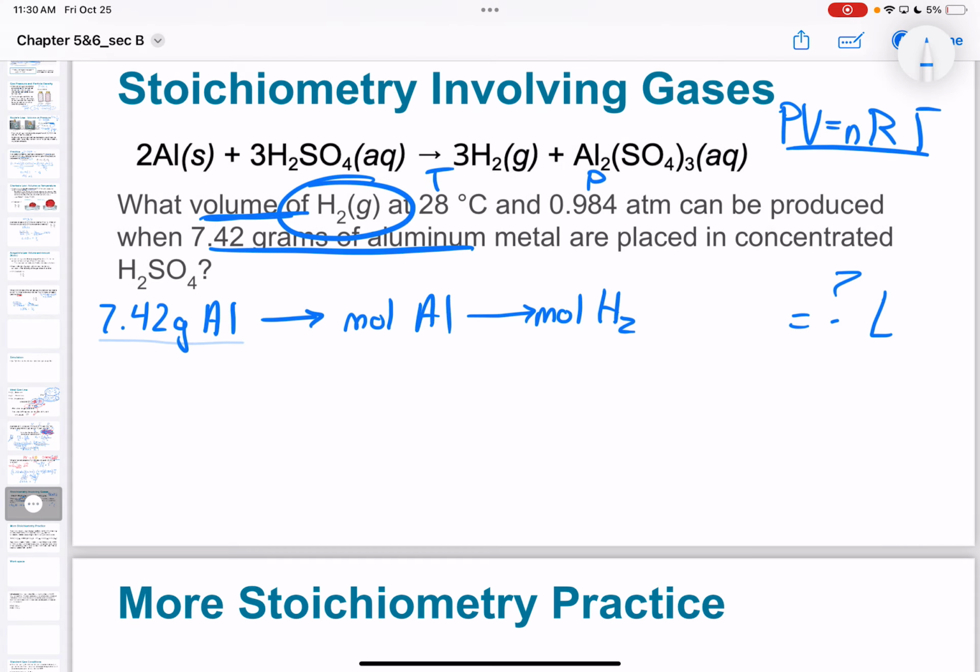I'm going to have to write the next one on the whiteboard, I think. Okay, then finally, I can go to liters, and I'm going to do that by using PV equals nRT.